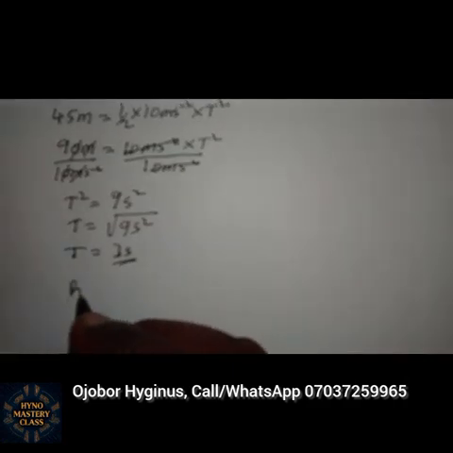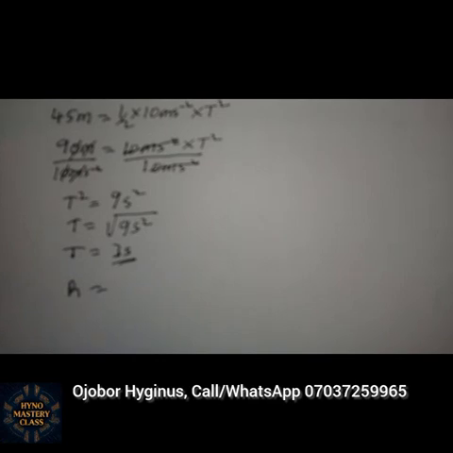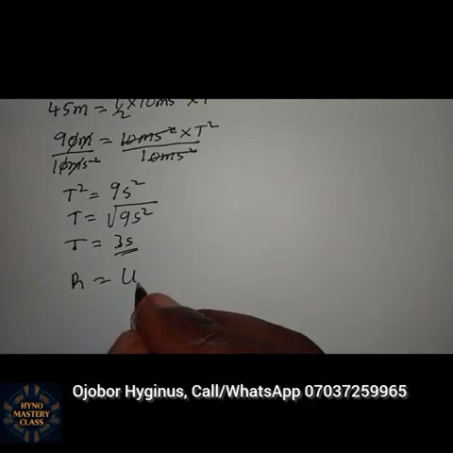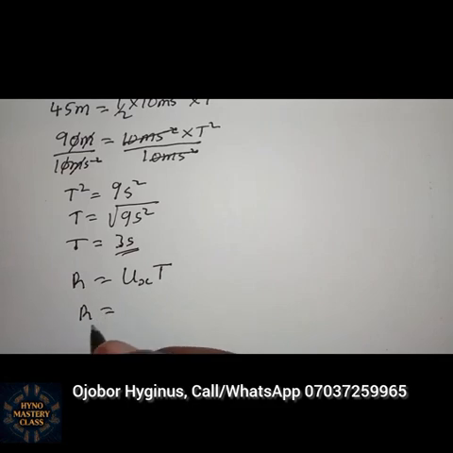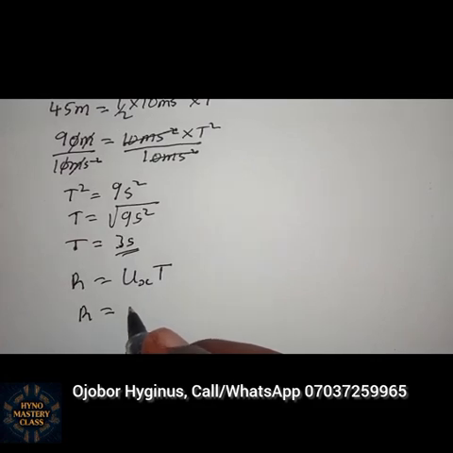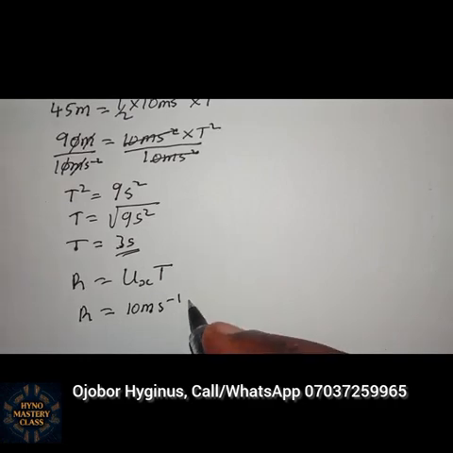So the range will be equal to ux, as we said, times t, and that is R equals the initial velocity of projection, as we were given, 10 meters per second, and the time as we have gotten is 3 seconds.